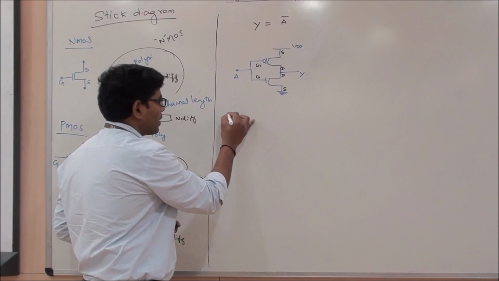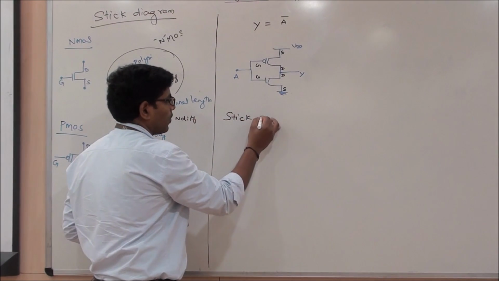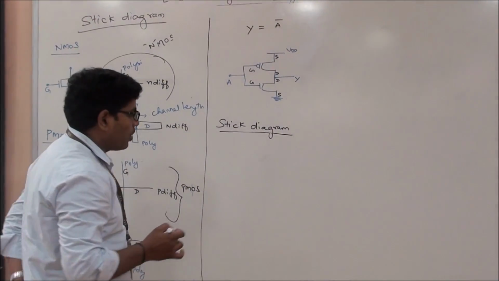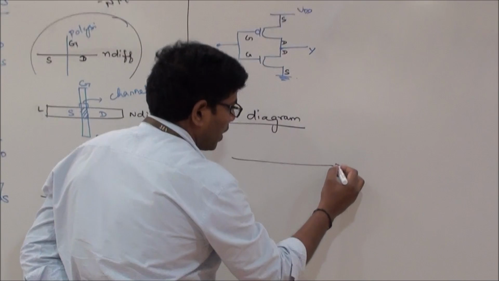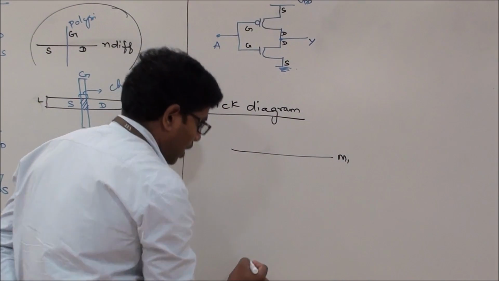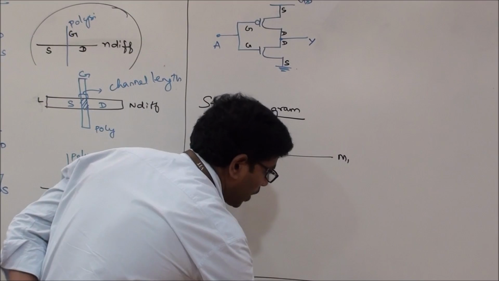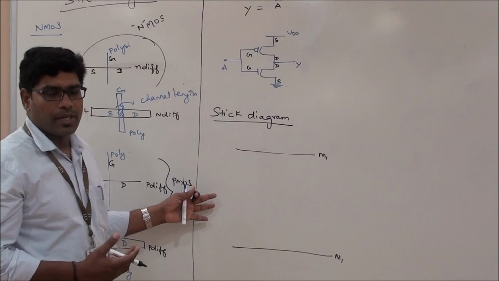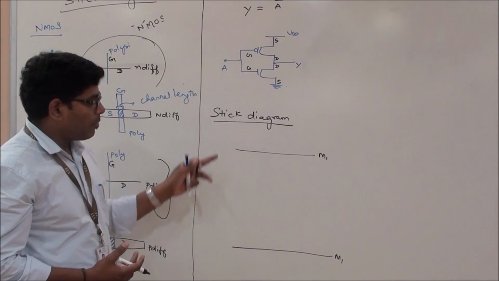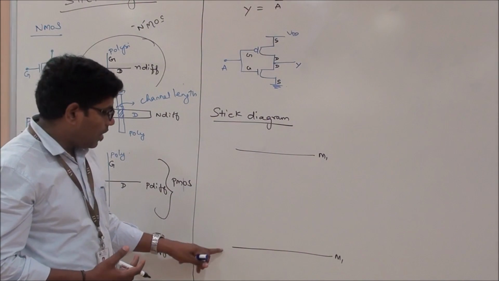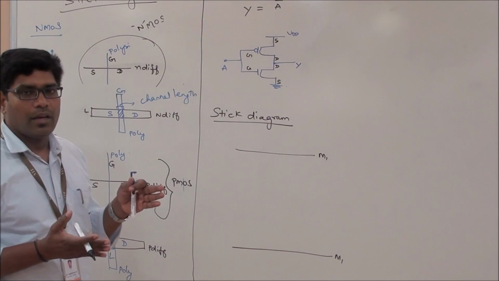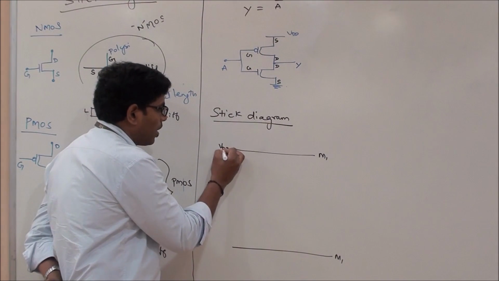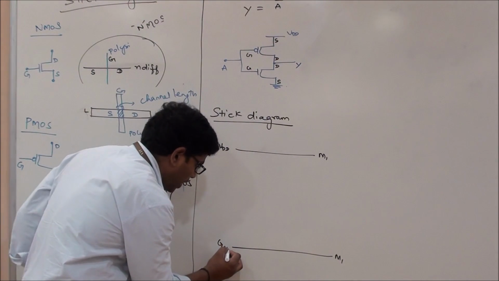For the stick diagram, you have one metal one layer at the top and another metal layer at the bottom. Remember, the color denotation for these two is blue, as we discussed. These two are parallel power rails. The top power rail is used for VDD and the bottom power rail is used for ground.